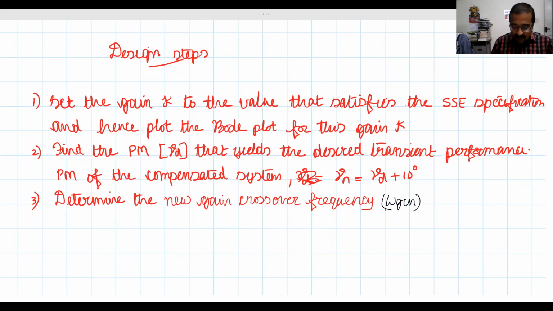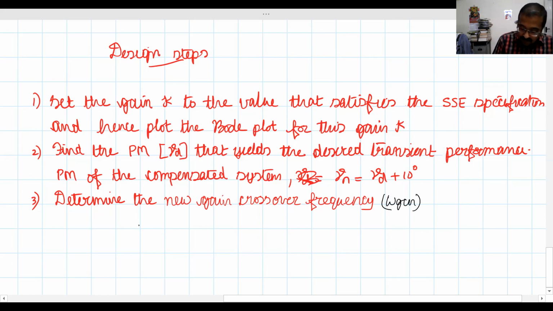Okay. So here we found the phase margin of the compensated system. Since that's the phase margin, you have to find the corresponding gain crossover frequency. How can you find that? Because we know phase margin is nothing but 180 plus angle G(j omega GC).